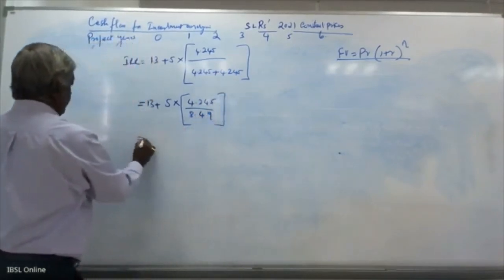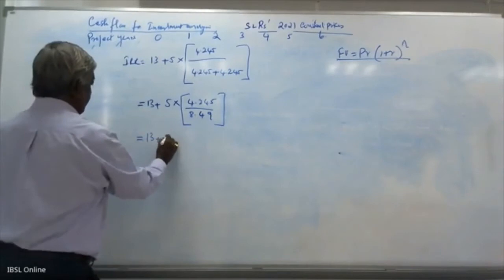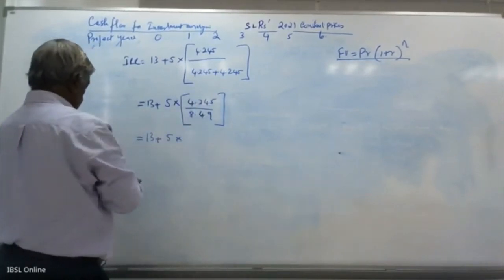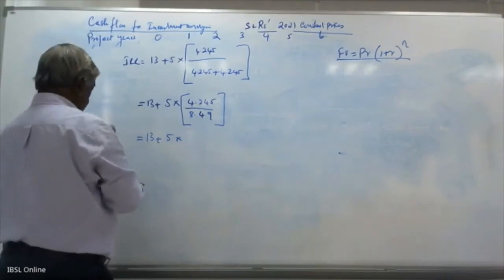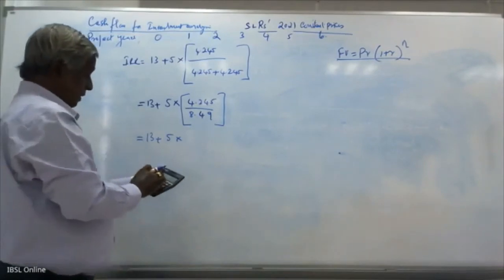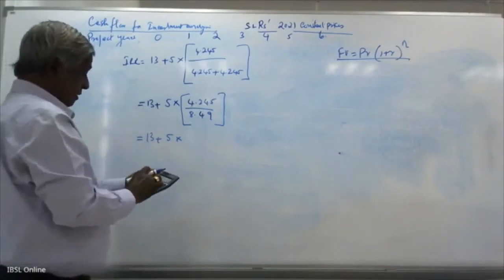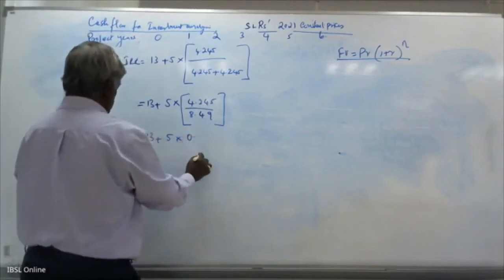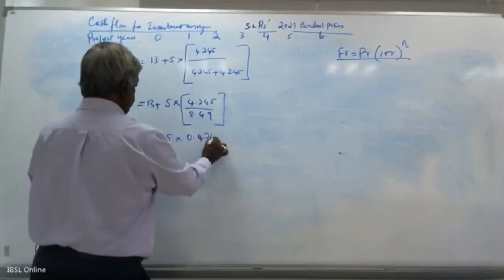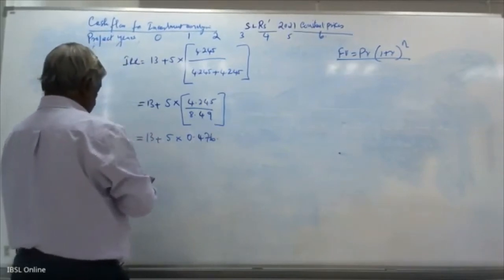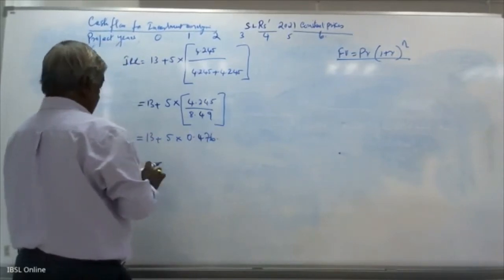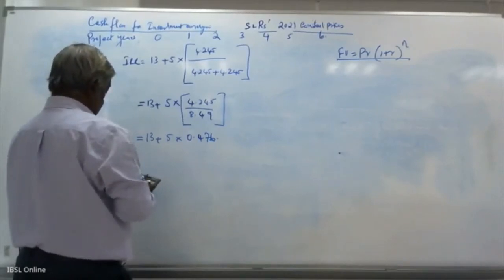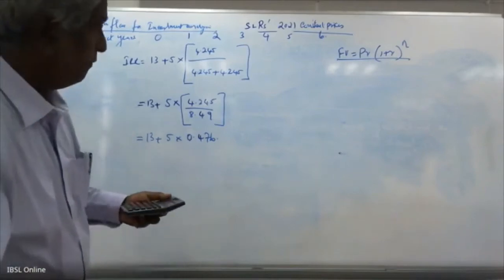So when you solve it, 13 plus 5 into 4.245 divided by 8.49, that is 0.5.